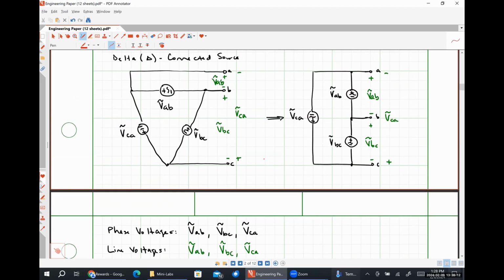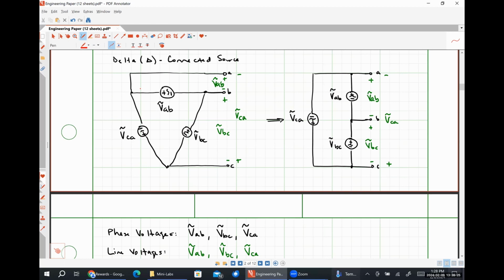Phase currents, by definition, are the currents flowing through a single phase of our source or load. And I'm always going to draw them in such a way that we're getting absorbed power. So this is my A phase current, IAB. This is my B phase current, IBC. And this is my C phase current, ICA.